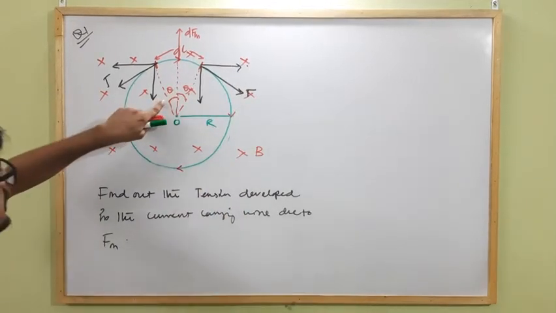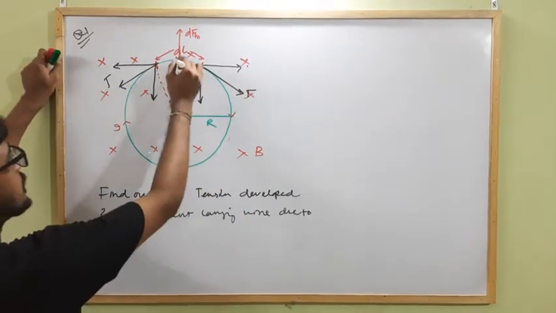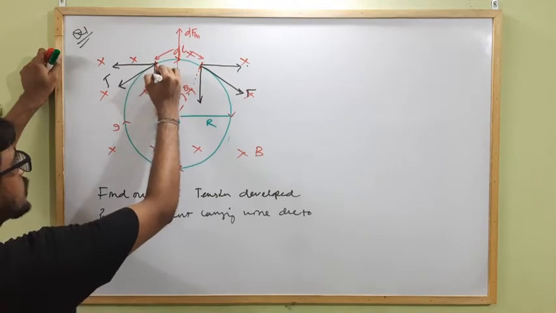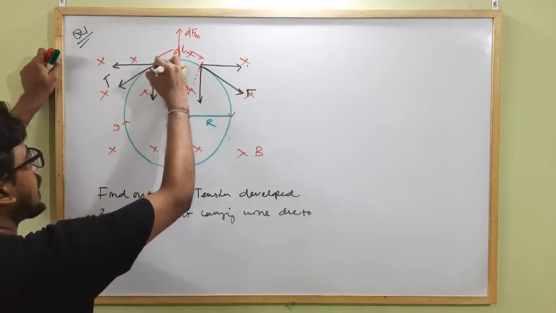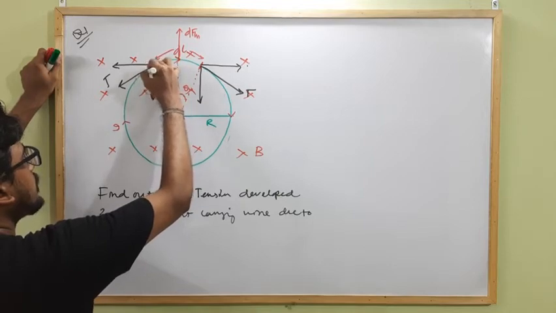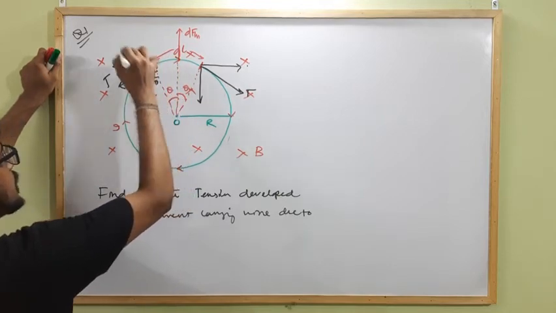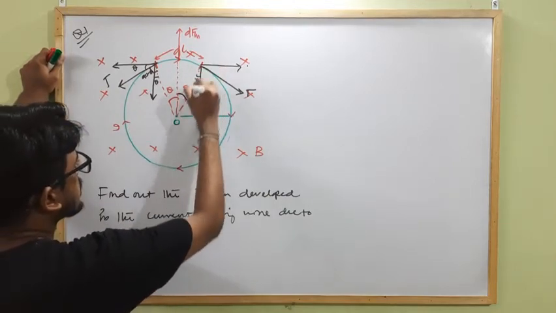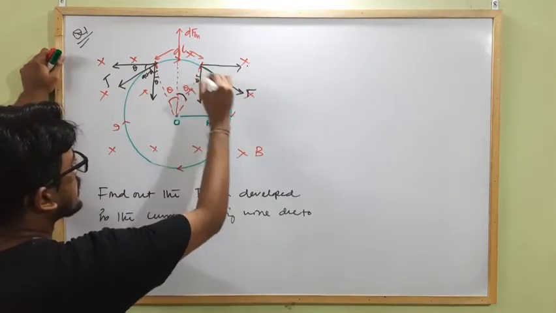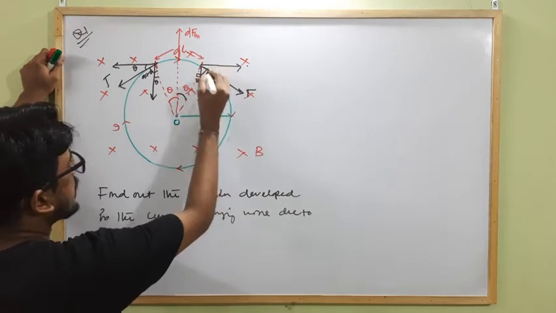If this angle is theta, these two are parallel, this is also theta, and the complete angle here is 90. If this is theta, this is 90 minus theta, so this angle again becomes theta. Similarly, if this angle is theta, this is the radius and this is the tangent, so the complete angle will be 90. Clear?